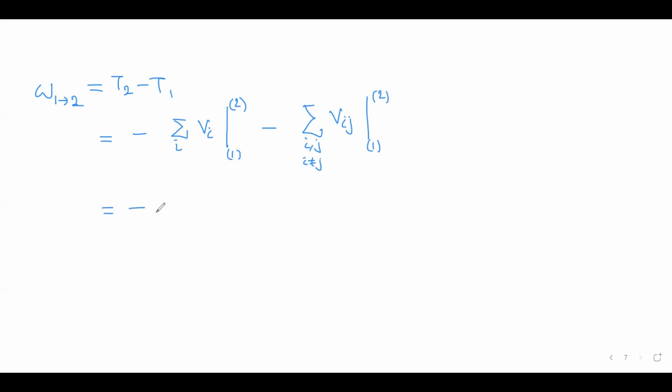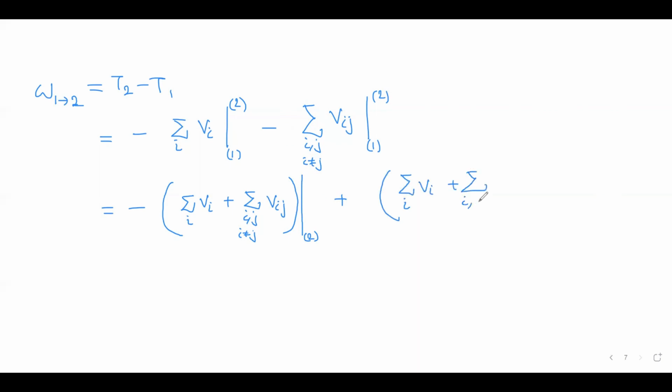So this term we can write as sum over i Vi plus sum over i comma j, i not equal to j, Vij at point 2, plus sum over i Vi plus sum over i comma j, i not equal to j, Vij at point 1.